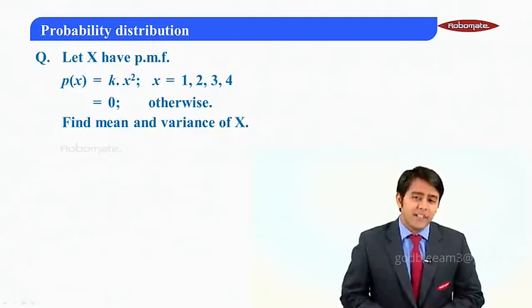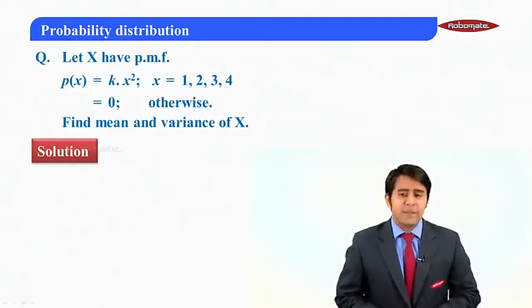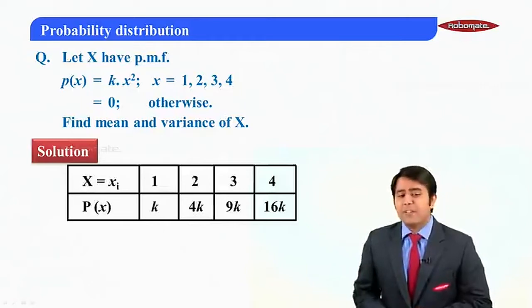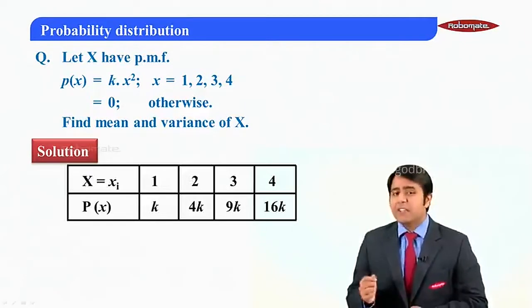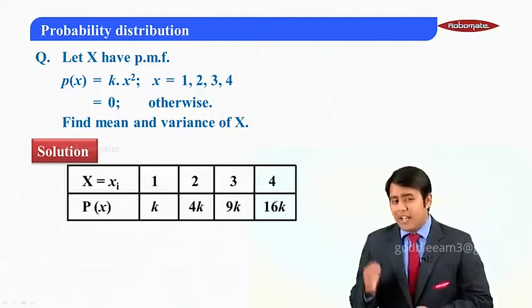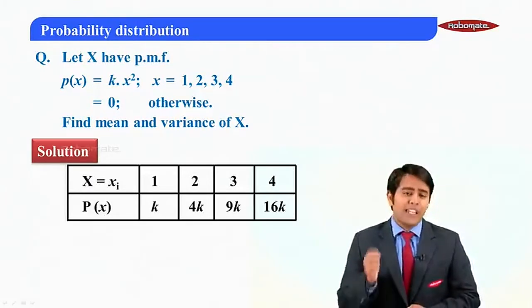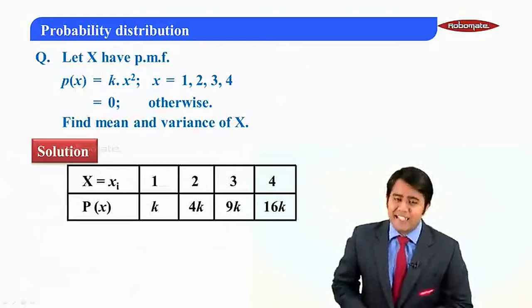P of x is given to us. Find mean and variance. Let us start with the solution here. When we write the table for x and p of x, the values of x are 1, 2, 3 and 4, and we will get the corresponding probabilities as k, 4k, 9k and 16k.